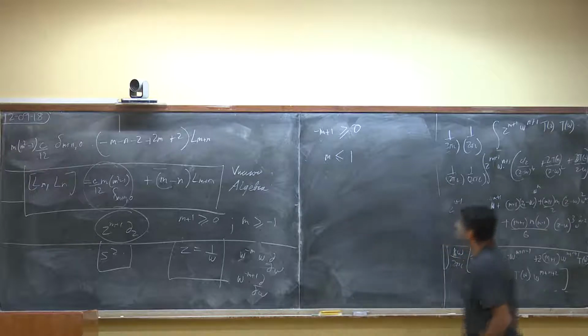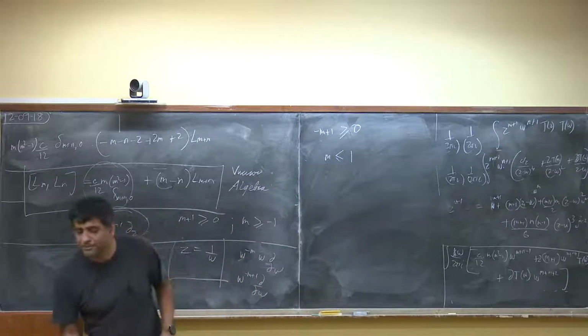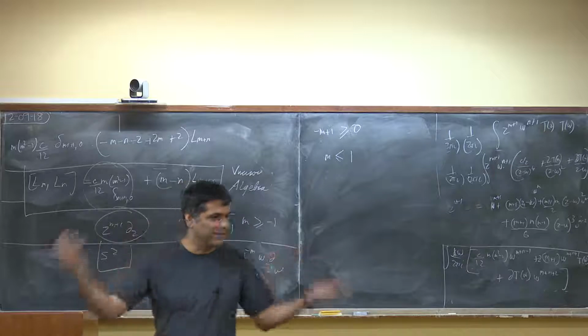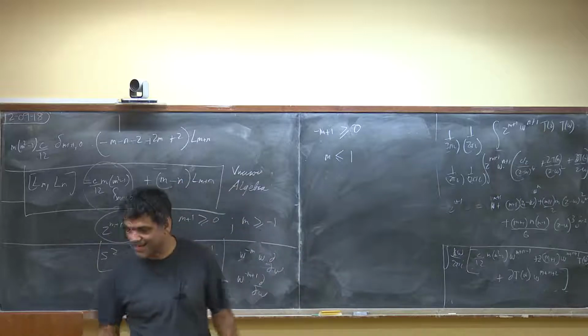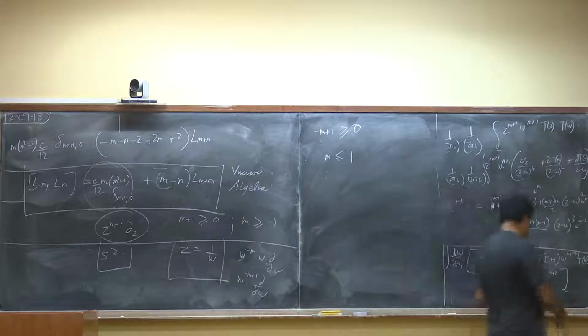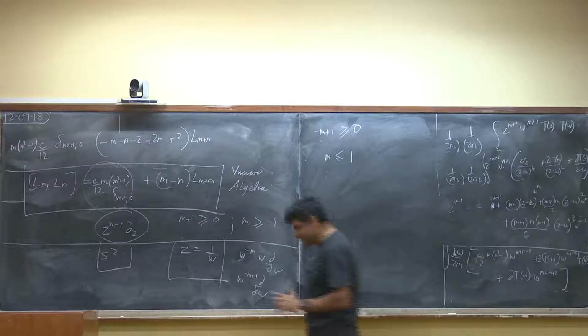Okay, excellent. Now I'm going to give you 2 minutes on why you might care. You might wonder, what if there are some vector fields that are well defined all over the sphere? Why should I care?